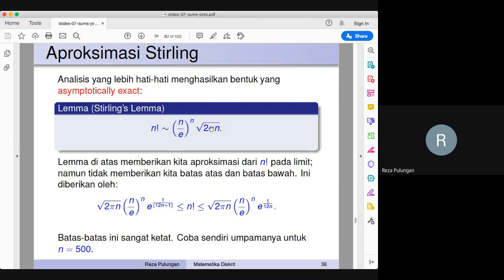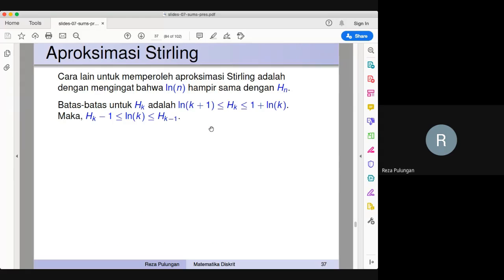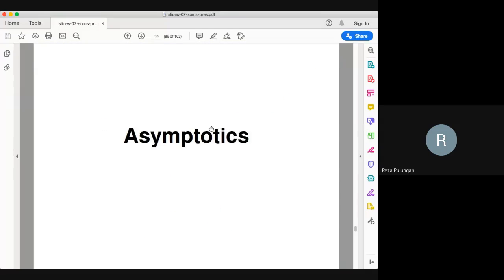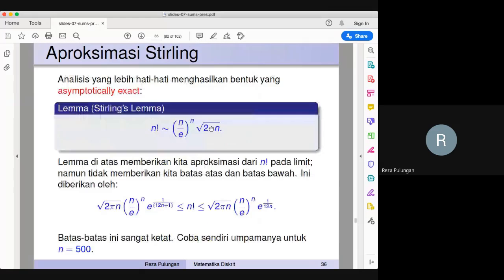So that's it. I'm not going to comment much more about this one, but this one actually is really good. Stirling's lemma is really close.